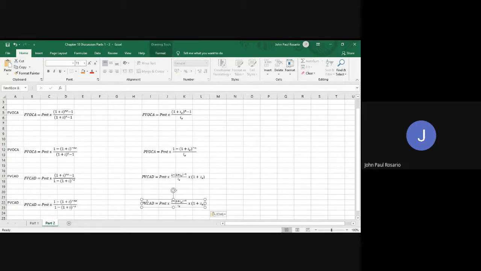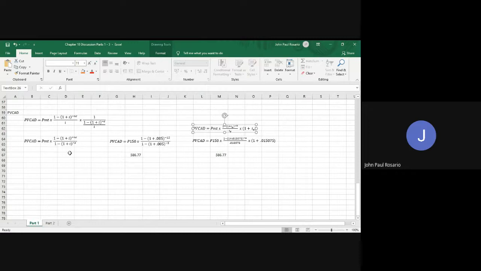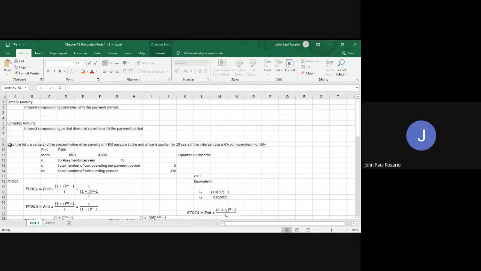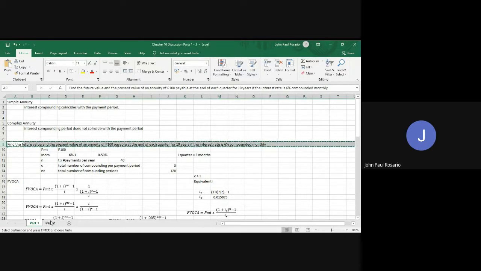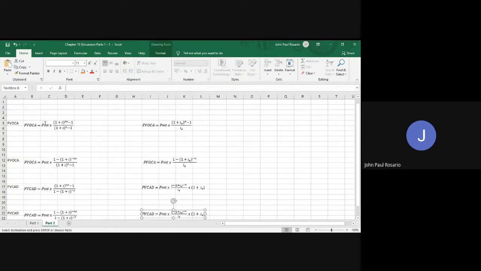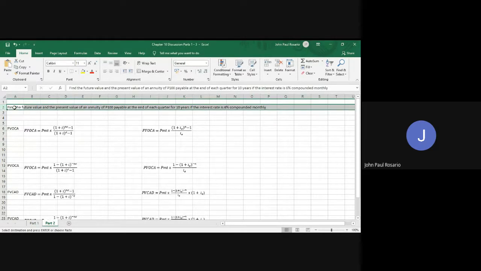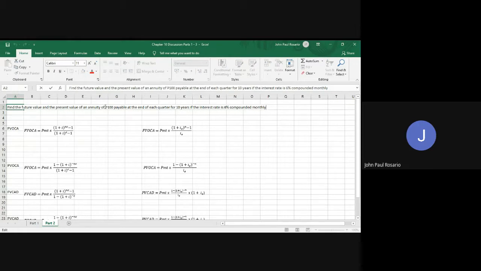Okay, now let's go to our problem. So first, we'll concentrate on ordinary annuities. So we start here. But we edit this to change it into a case wherein C is less than 1.